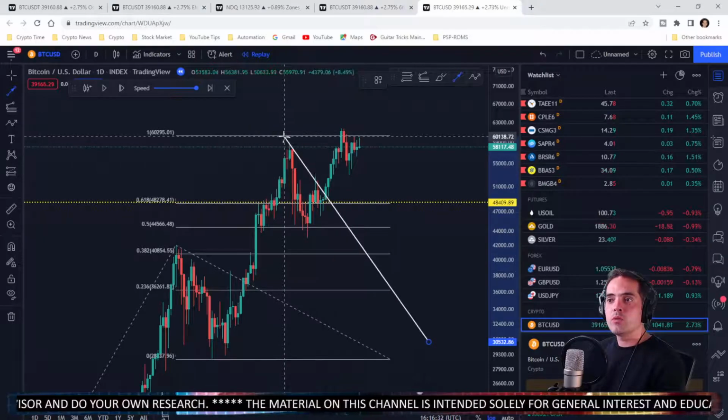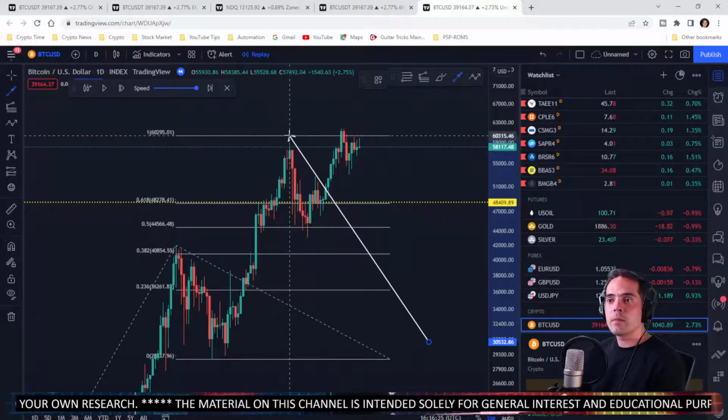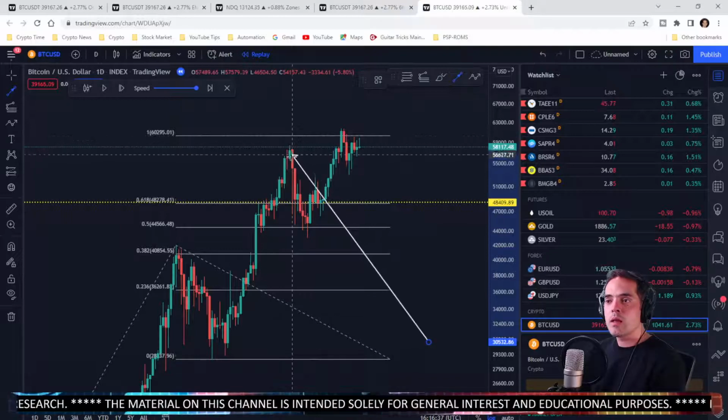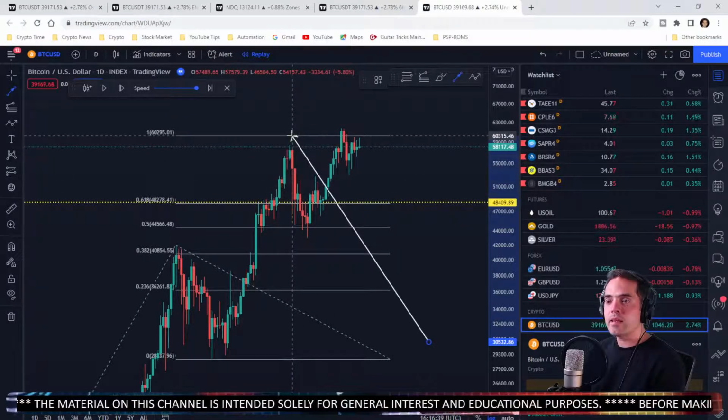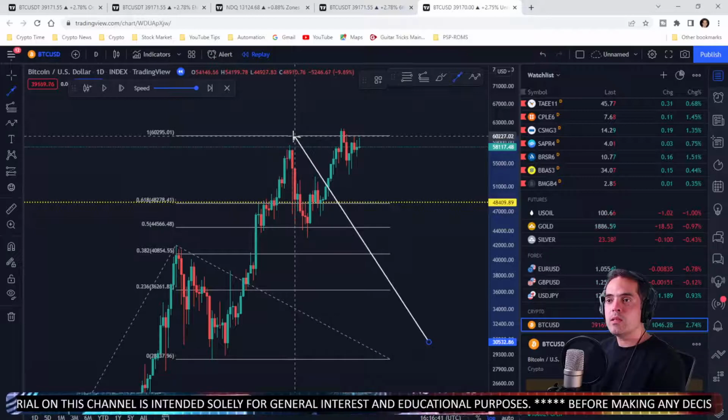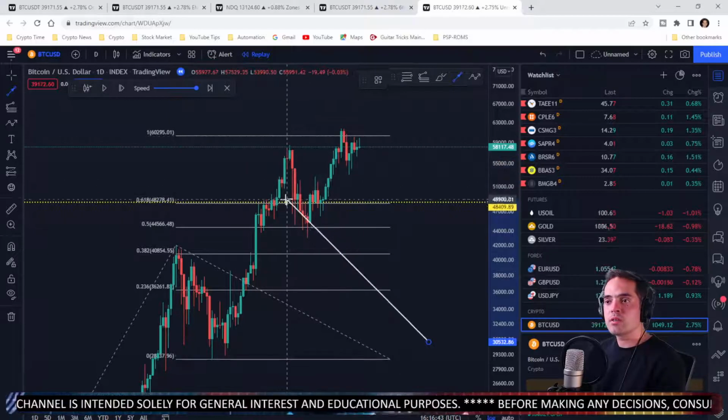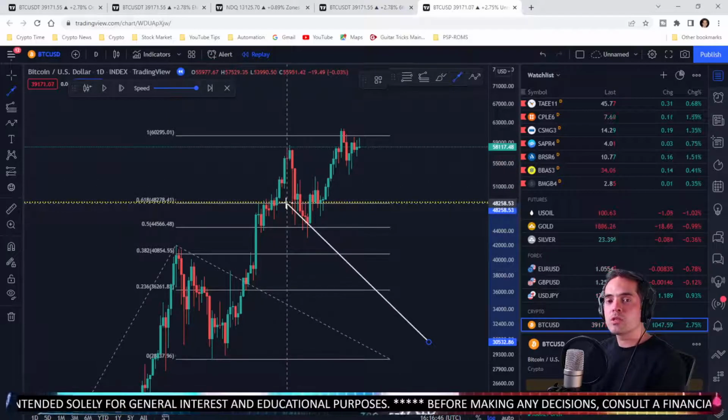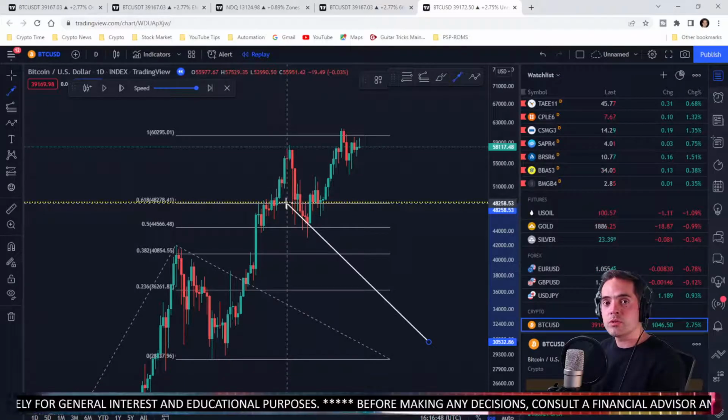And again, we don't work at exactly that spot, that is the resistance or support. It's fine, but we have to consider everything as zones.